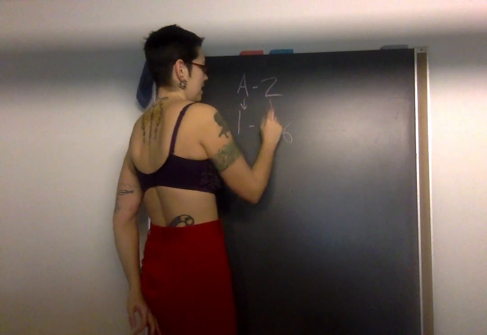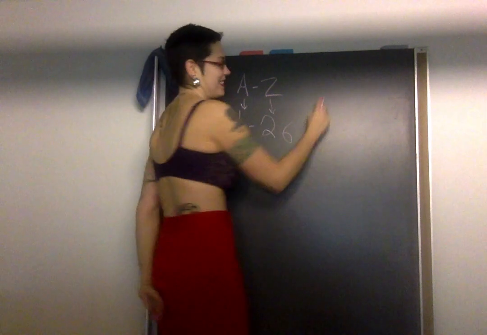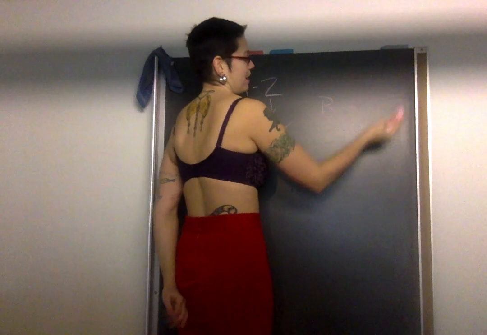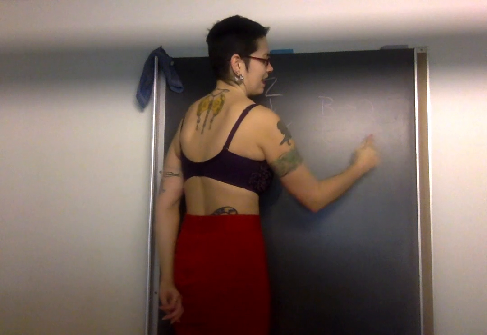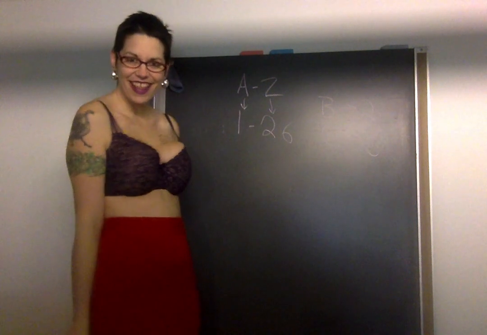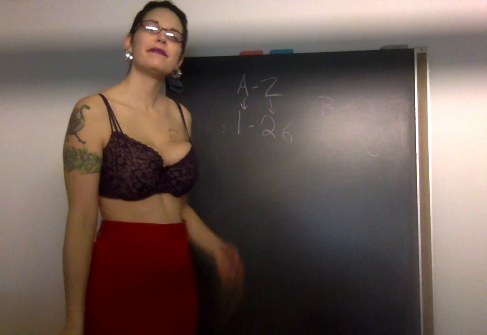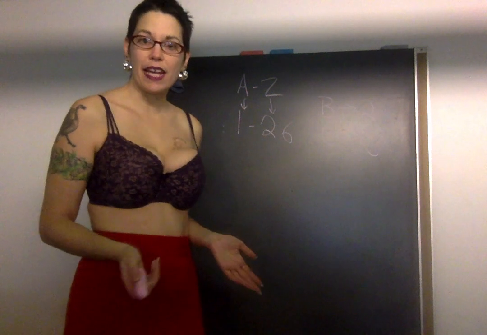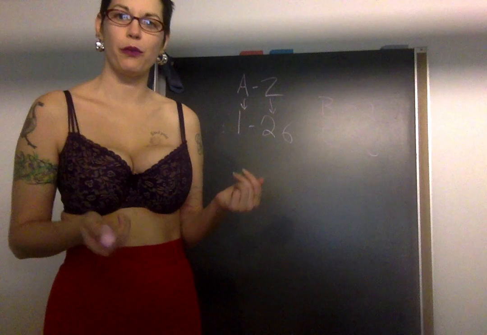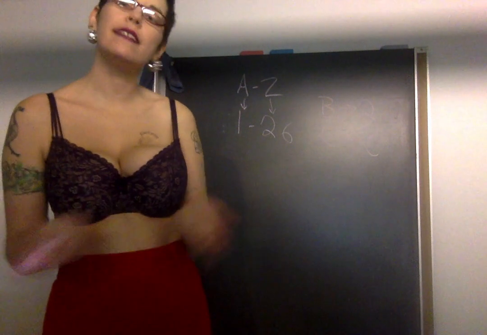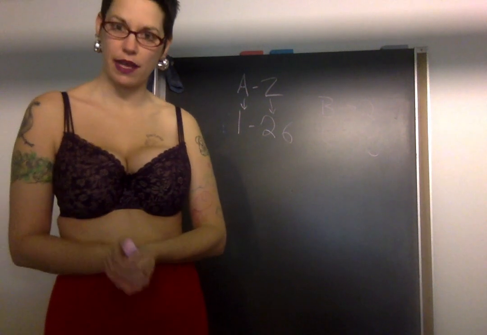A goes to 1, Z goes to 26, B goes to 2, C goes to 3. Nothing too exciting here. Those are finite sets. They each have size 26. So we can pair them up really nicely. It's clear that neither of them has more than the other.